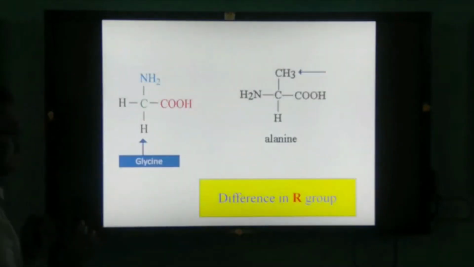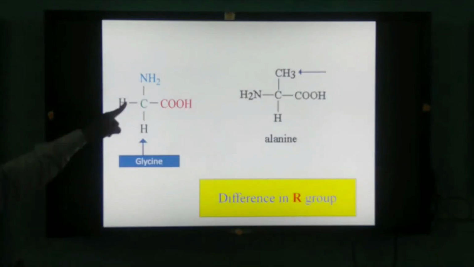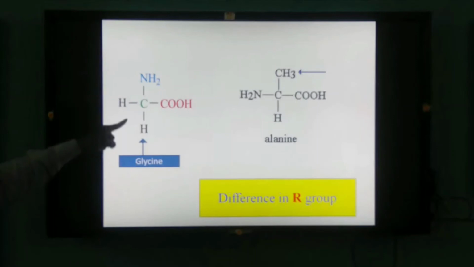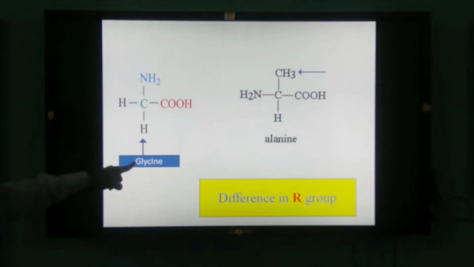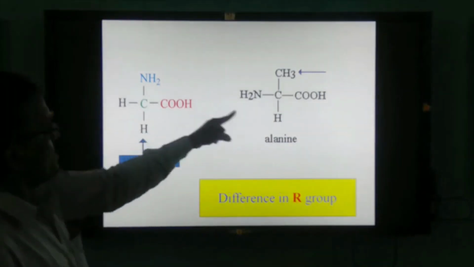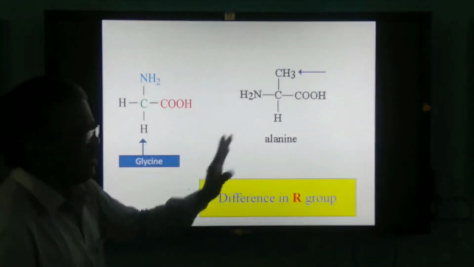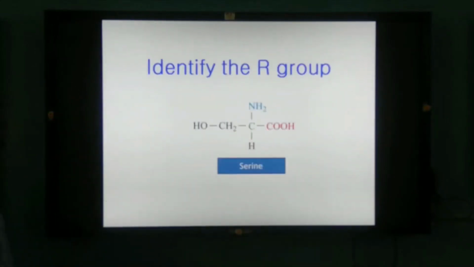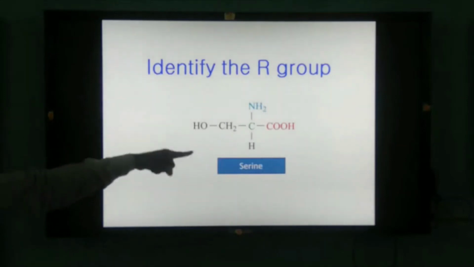Yes, so this is the simplest amino acid here. If that R is also an H, it is called the simplest amino acid, glycine. If this H is replaced by one CH3 group, it is called alanine. So these are some of the examples of amino acids. What is the R group present here?